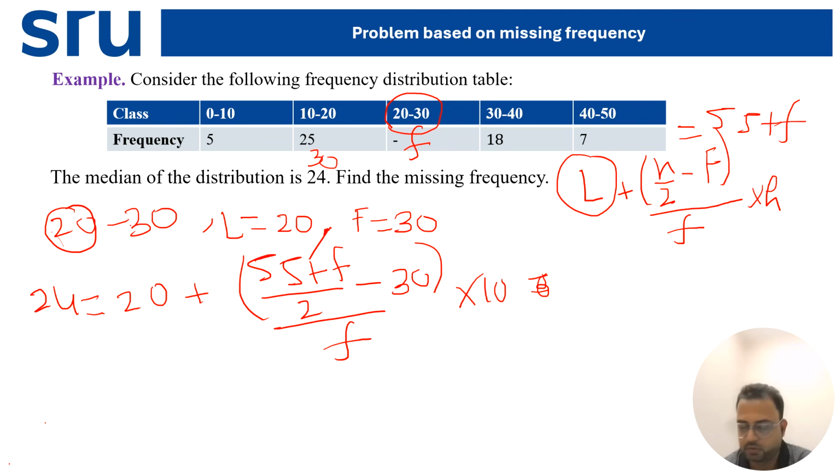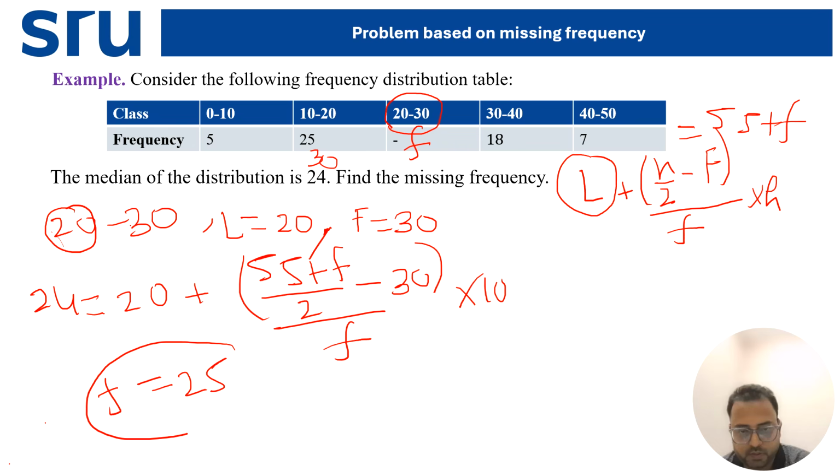By simplifying, we get f is equal to 25, which is the missing frequency of the given data.